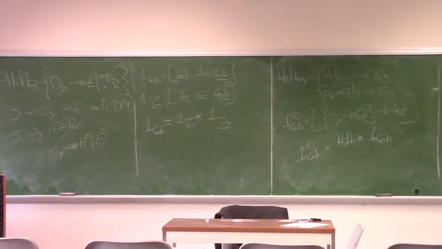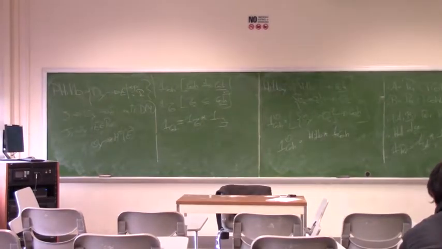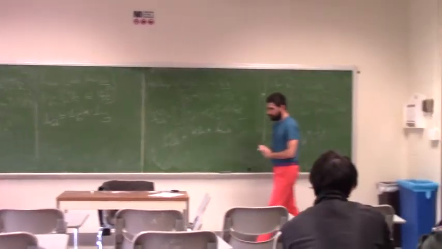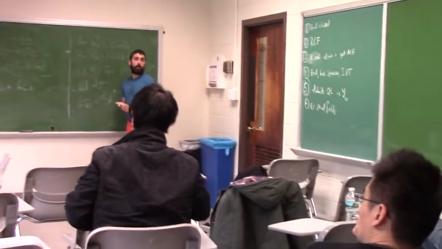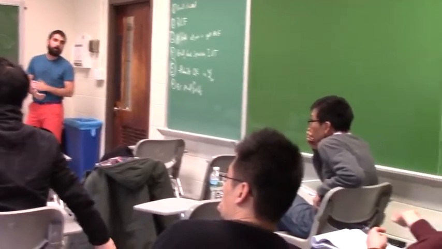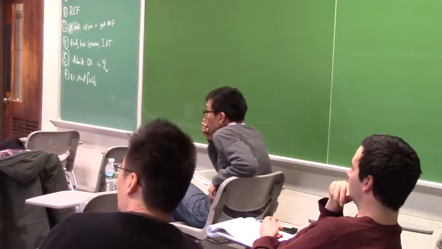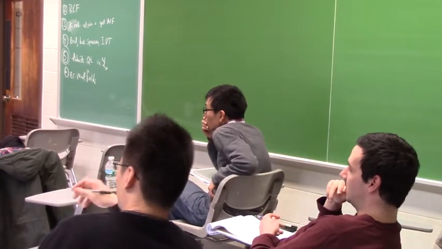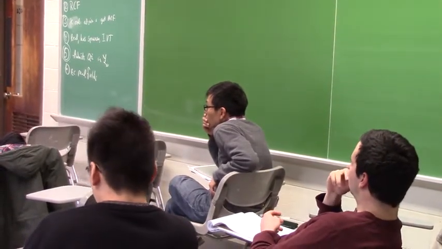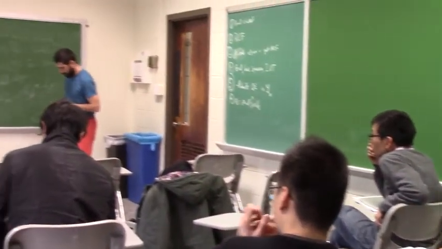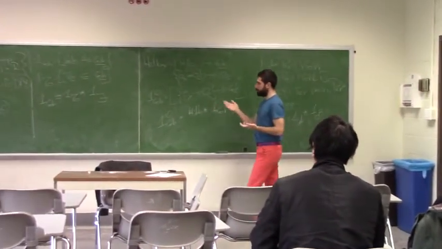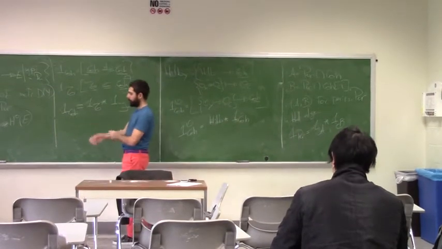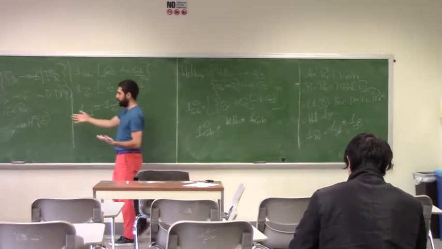Any questions? What happens if you take other classes of birational transformations? What do you mean? Like not flop, but something else. Do you have some similar relation? Well, not really. The thing is, with the flop I have this really explicit way of relating these two things with the T structure.